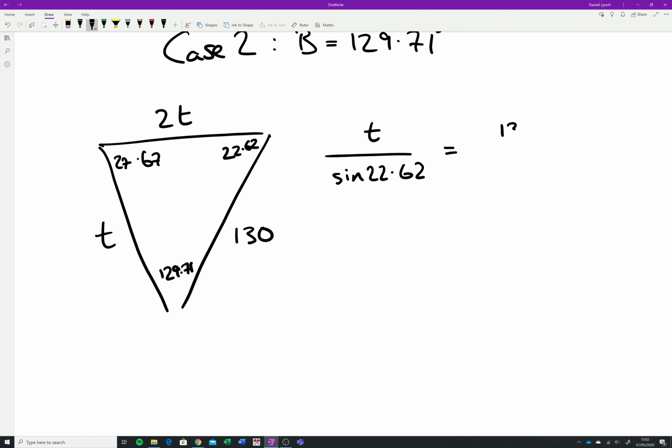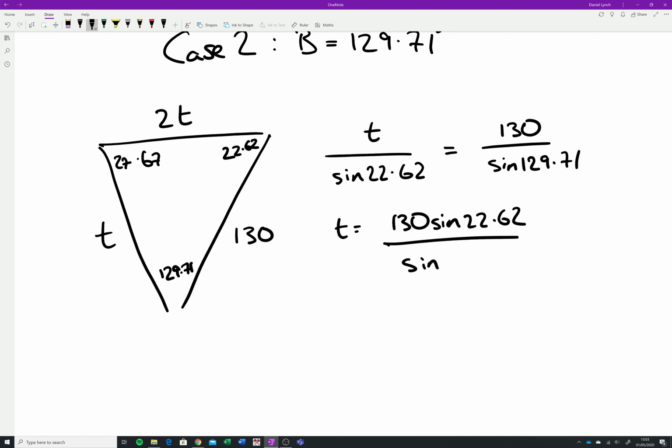And that side is 130, and it's over sine 129.71. So we get t is equal to 130 sine 22.62 over sine 129.71.